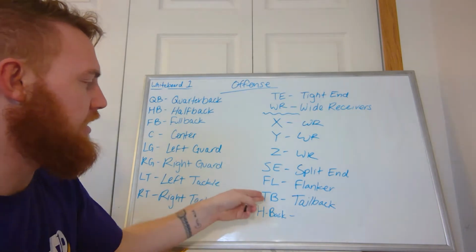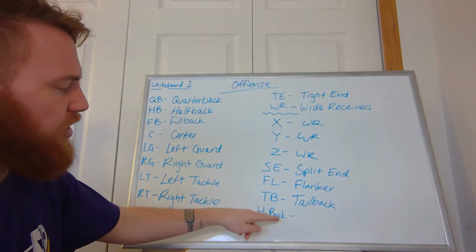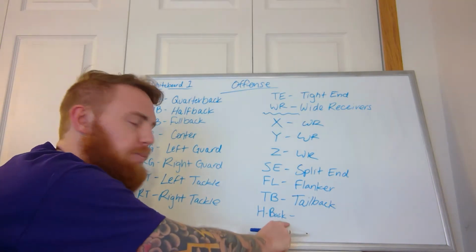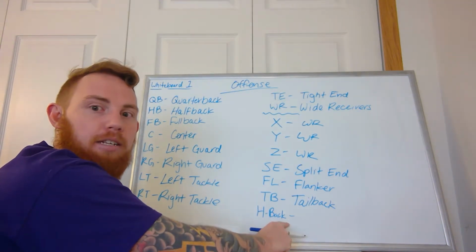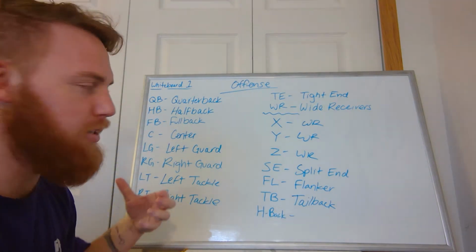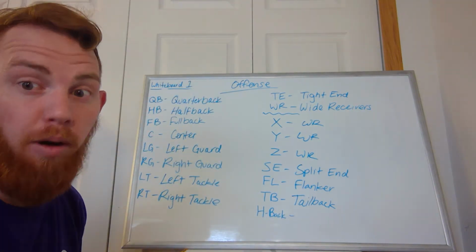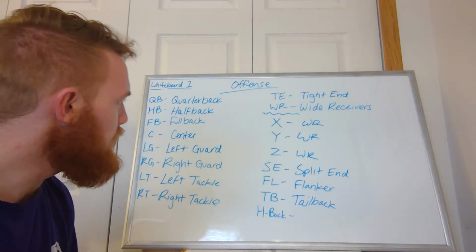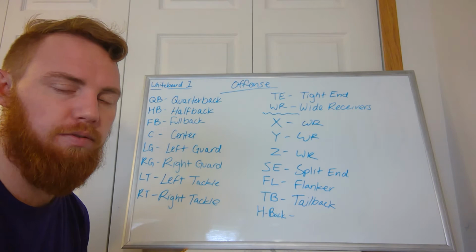And a tailback is TB. And then there's this very odd position called H-back. I'm not going to write anything because it is just H-back. H-backs are kind of a hybrid between a running back and a tight end most of the time. They're very versatile players. But this is our basic abbreviations for offense.